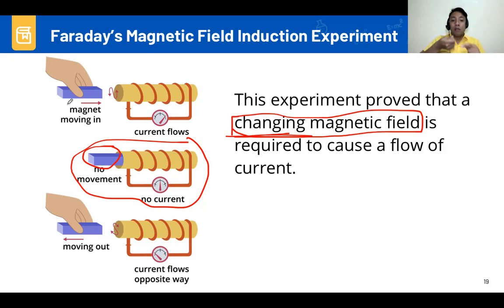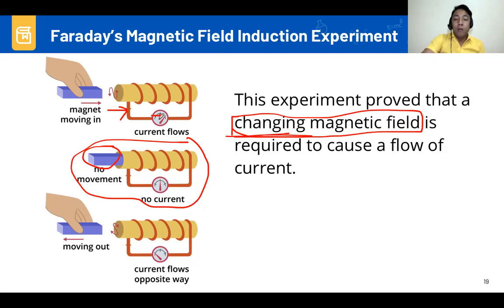Nakuha niyo yan? So, papalapit siya, then papaganon din yung ating arrow.